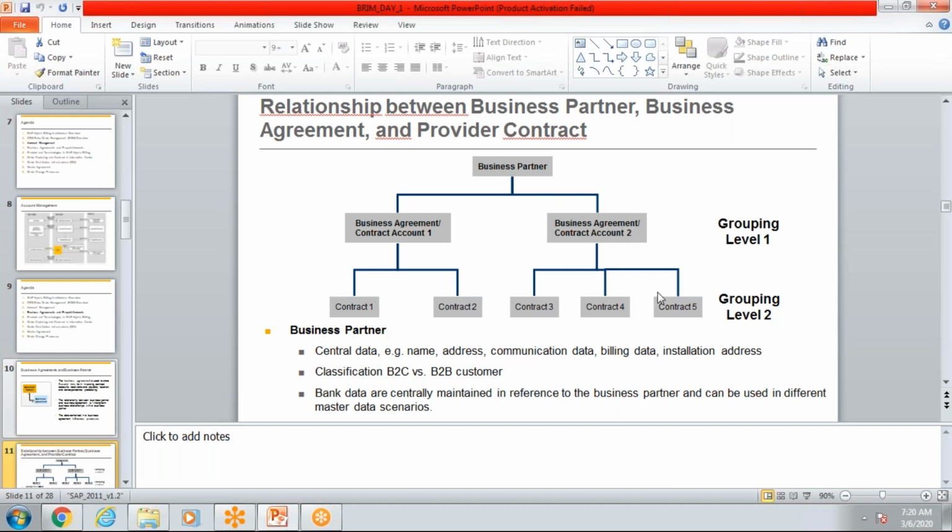Here we have 2 contracts. I will tell you. I am one customer. I am using ICICI bank account to pay my mobile bill. So if I have 2 SIM cards, one for myself and another for my mother. My mother is not the customer to IDEA. I am the customer. I am taking 2 SIM cards on my name. So when I take 2 SIM cards, I should go for 2 plans.